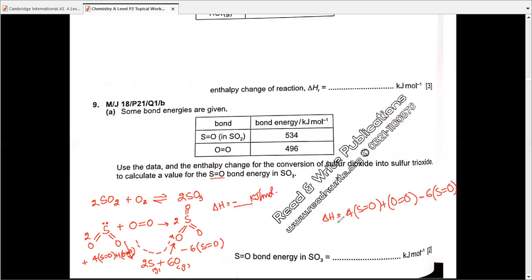And once we get all of this, delta H minus 4 S=O minus O=O is equal to minus 6 S=O, right? I think it's minus 196. Okay.